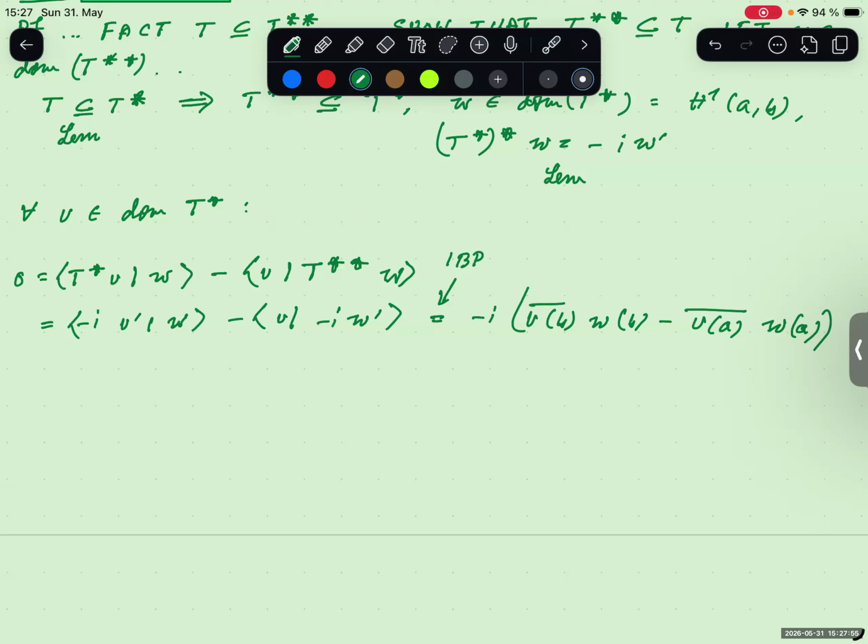Now, since V, I mean the element of this, the boundary values, let's put V of B and V of A, elements of the domain of T star, are arbitrary.